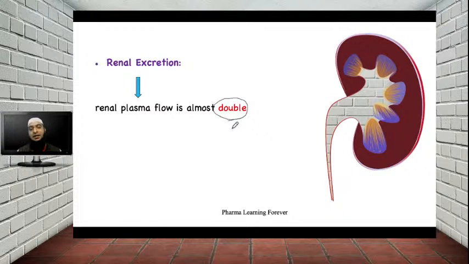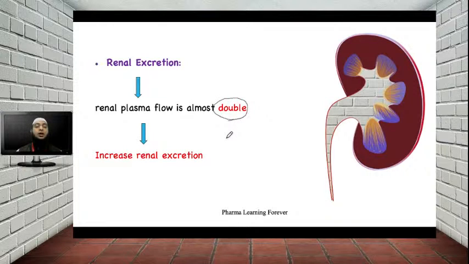Due to this, along with the blood cells and whatever else is present in the blood, there is also movement of the drug from the plasma into the kidney, right? And due to that, there is an increase in the excretion of the drugs which are excreted through the urine.